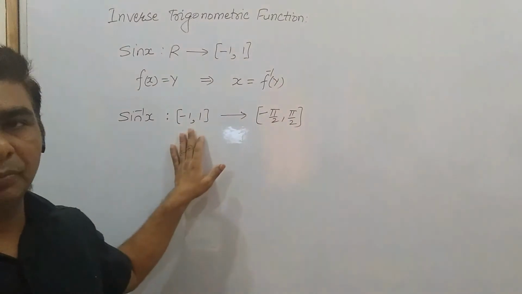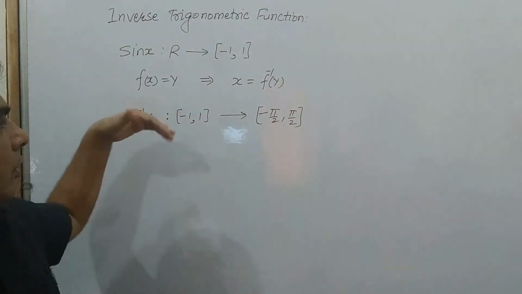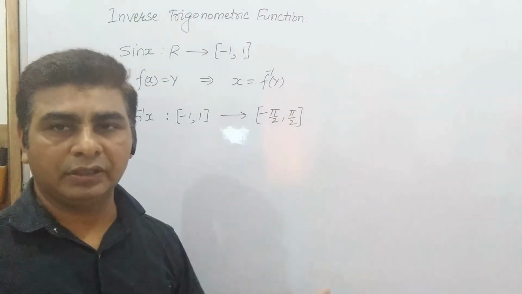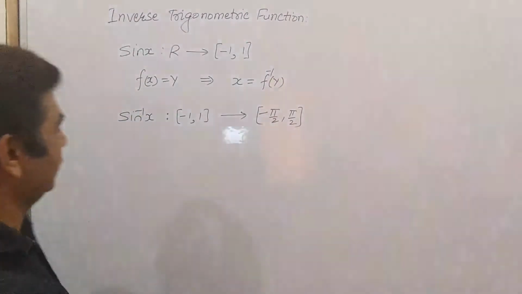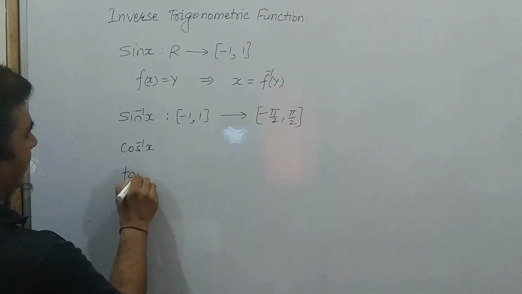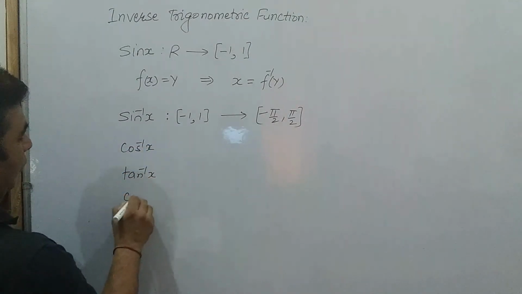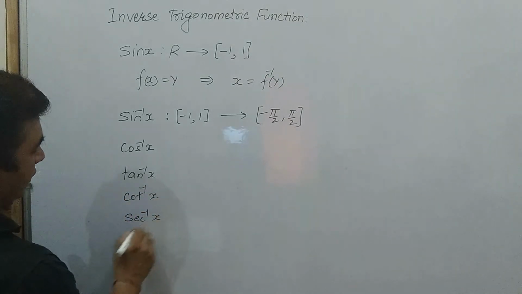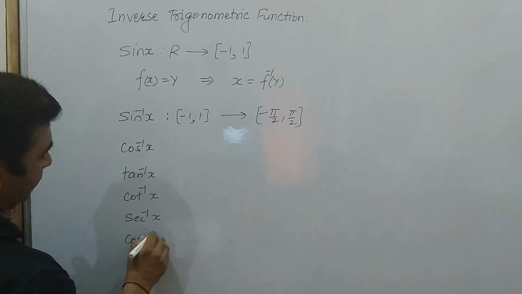Domain will be -1 to +1. Similarly, inverse trigonometric functions exist for all other trigonometric functions like cos inverse x, tan inverse x, cot inverse x, secant inverse x and cosecant inverse x.